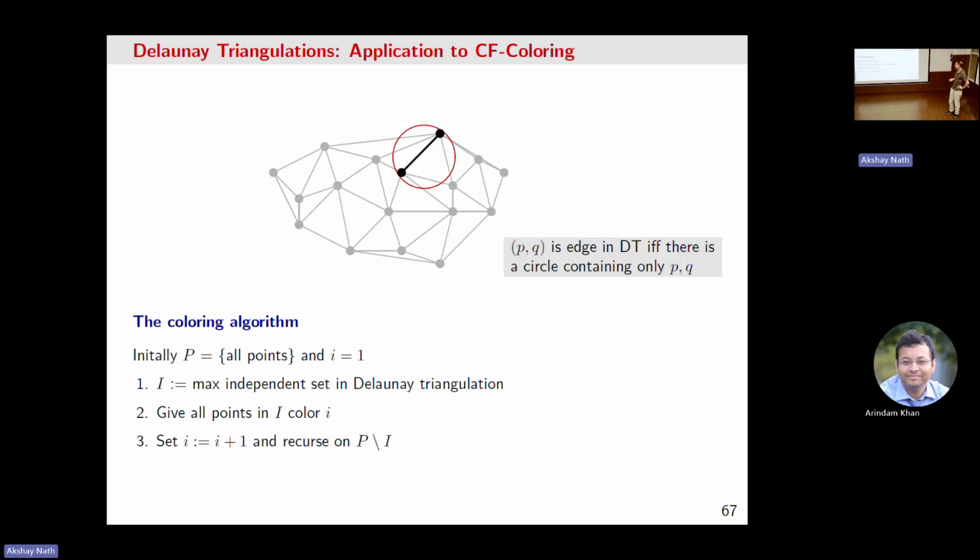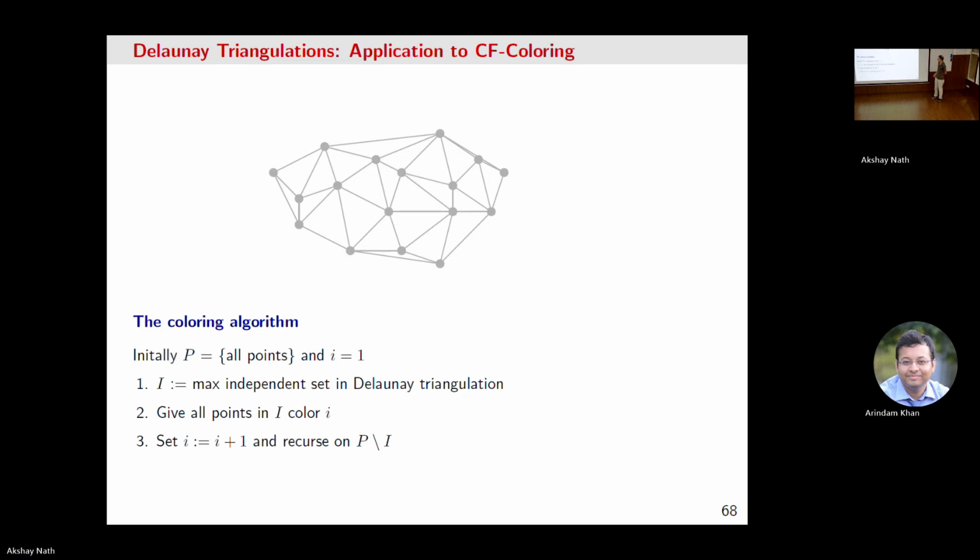I compute the Delaunay triangulation. And remember that PQ is an edge if and only if there exists a circle that goes exactly through those 2 points that is otherwise empty. That's an important property.